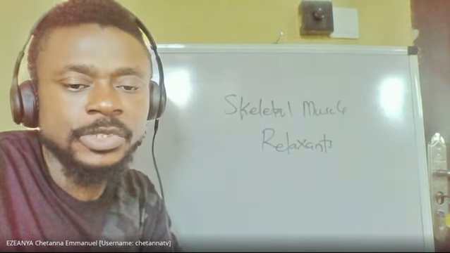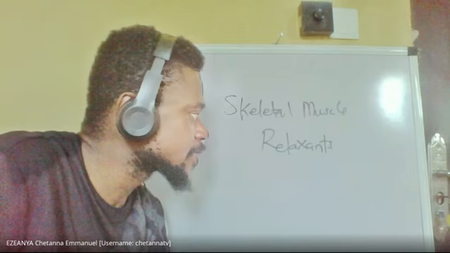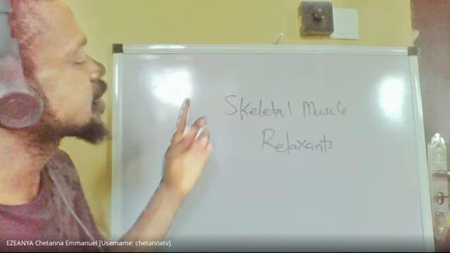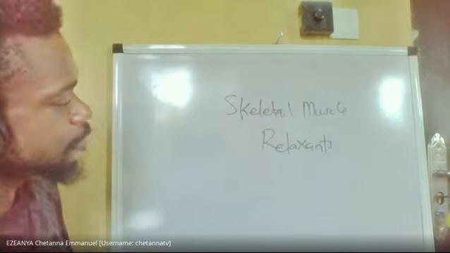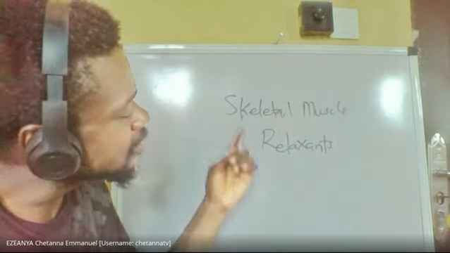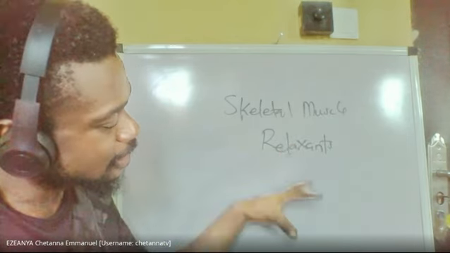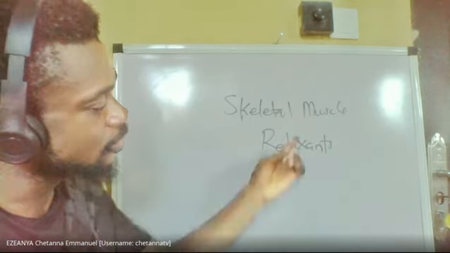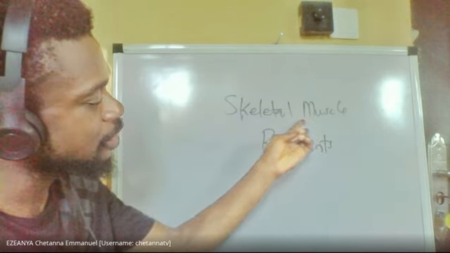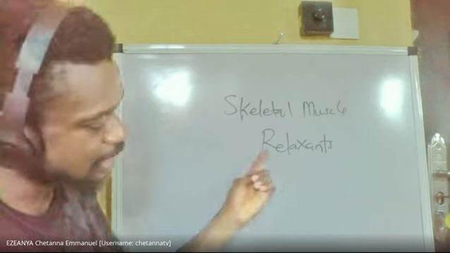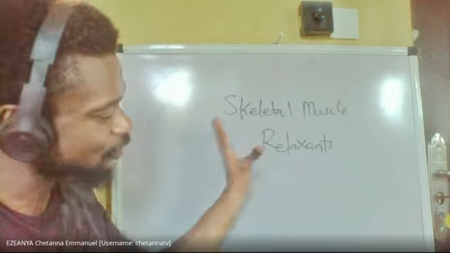Skeletal muscle relaxants. So that's the first set of drugs we're going to look at. From the name, skeletal muscle relaxants, you know that they act mainly on the skeletal muscles. You know what they do.